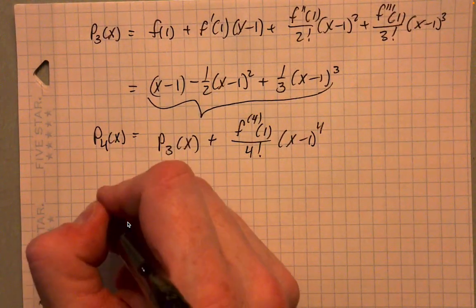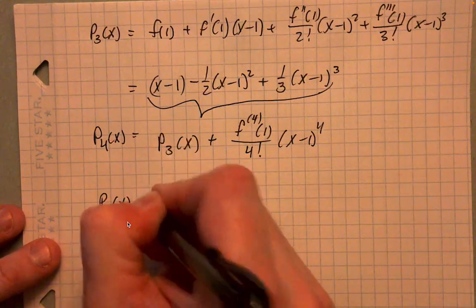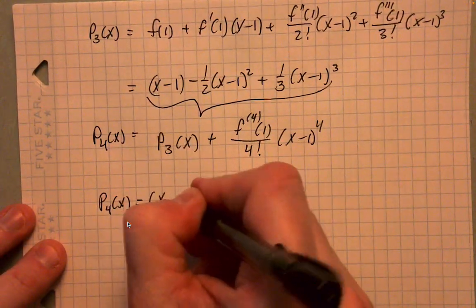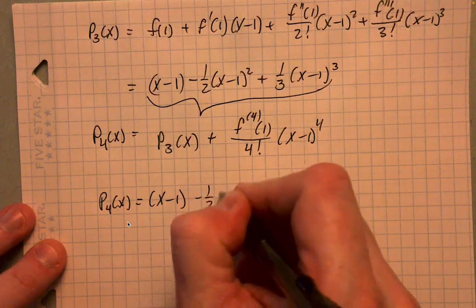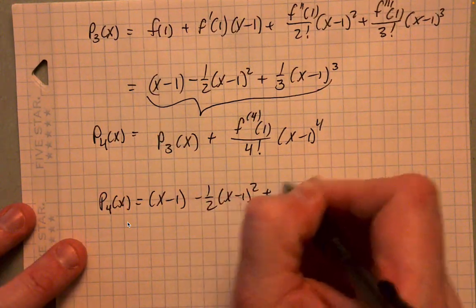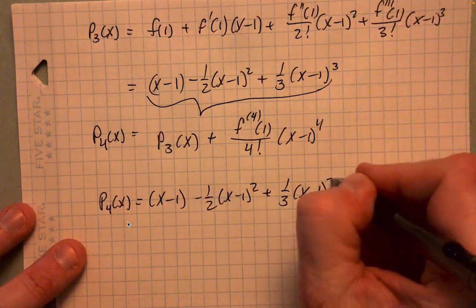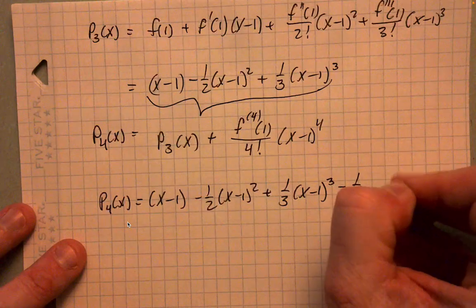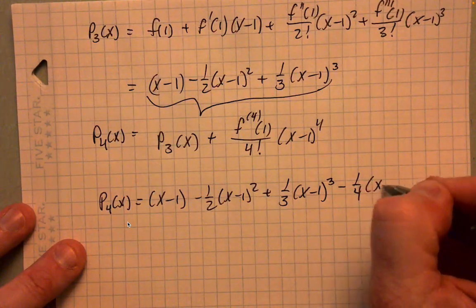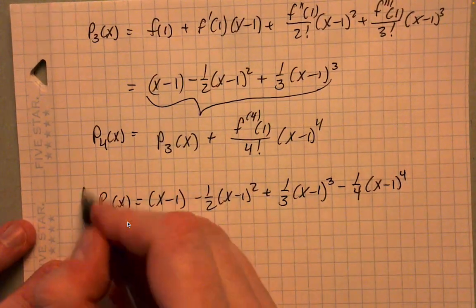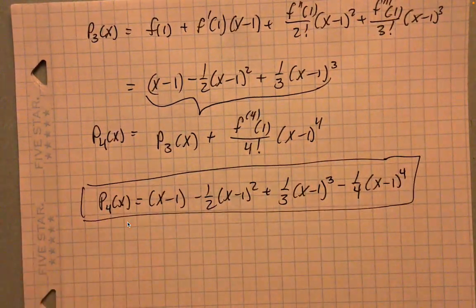And so all together for p4, you're going to have x minus 1 minus 1/2 x minus 1 squared plus 1/3 x minus 1 to the third power, and then minus 1/4 x minus 1 to the fourth power. Okay, so this will be your fourth degree Taylor polynomial for f of x equals ln of x, centered at x equals 1.